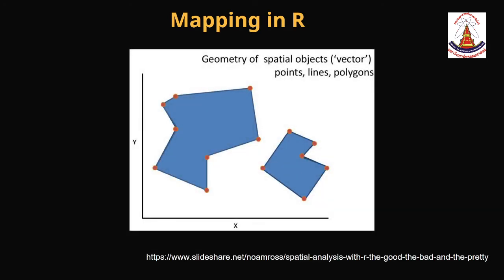Mapping in R needs spatial vector data like points, which have latitude, longitude, or XY coordinates. Also lines and polygons, which should have latitude and longitude.